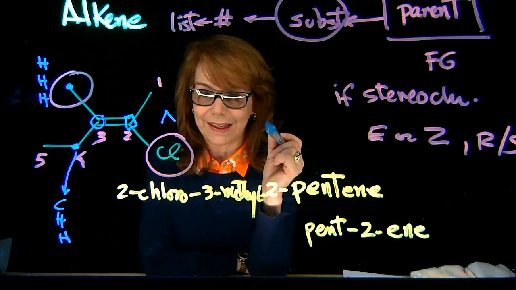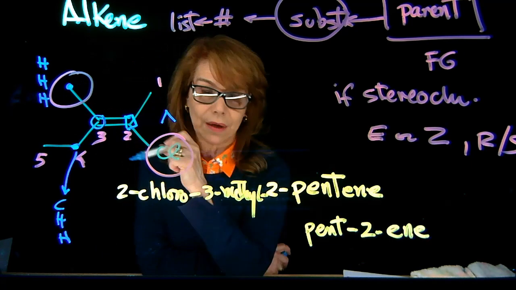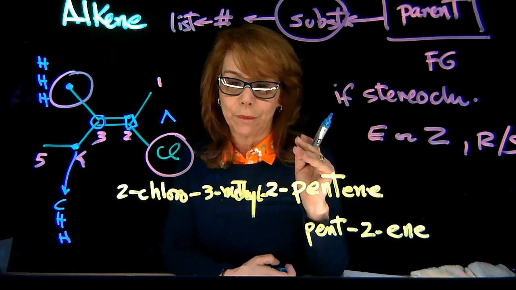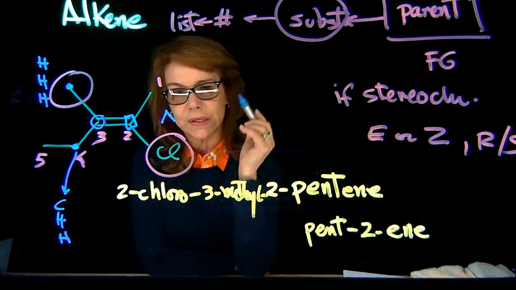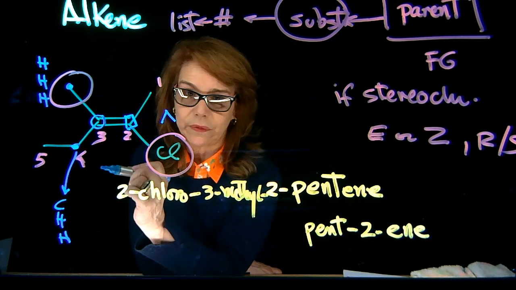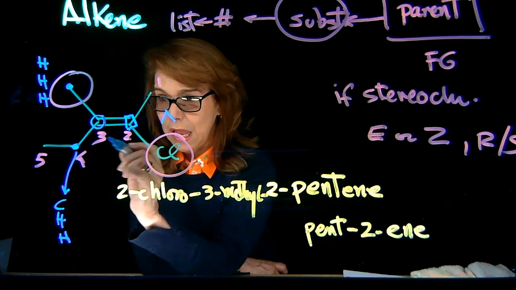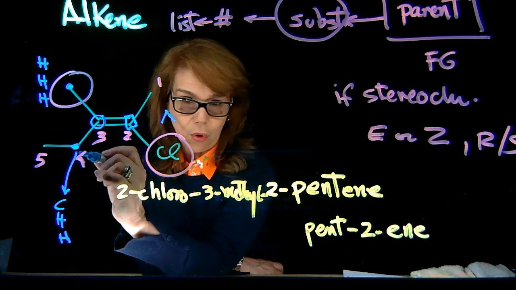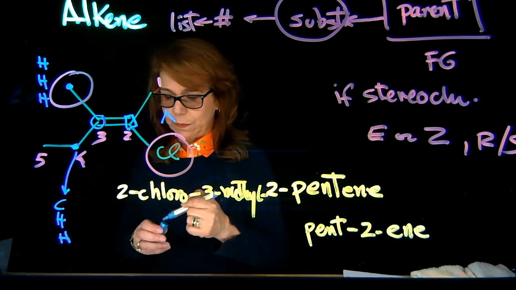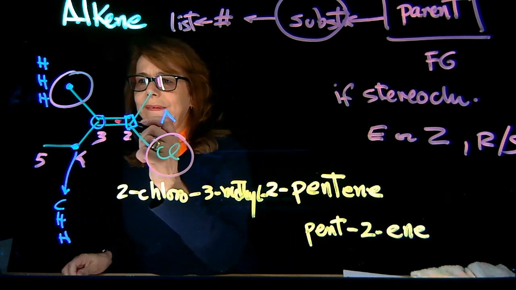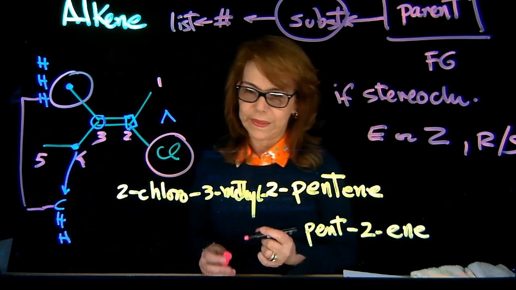Let's say it again. Looking at the vinylic carbon and what is attached to it, I have carbon and carbon. Same atomic number, so we need to break the tie. It's obvious that the chains are different, but how do we assign priorities? We need to see what's connected to each carbon. The carbon on the top is a CH3, so it's connected to hydrogen, hydrogen, hydrogen. The carbon at the bottom, carbon 4, is attached to carbon 5, but also has 2 hydrogens. Now, to break the tie, I compare, and I see that here carbon has a higher priority over hydrogen.